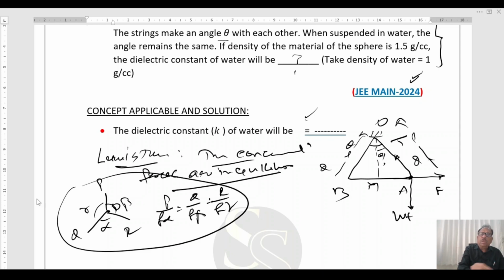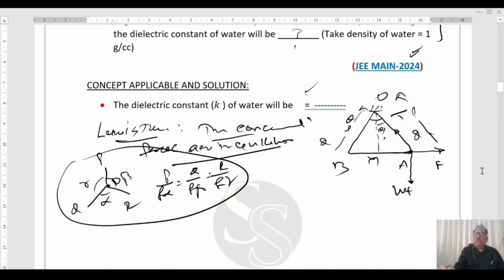This is in terms of angle, or in terms of sides I am giving here, right? Now, according to Lami's theorem, these three forces are in equilibrium. Then weight W upon corresponding sides. This will be like this. MO equal to F, electric force. F will be AM. And tension will be AO.